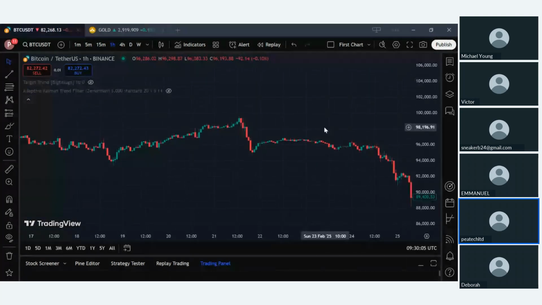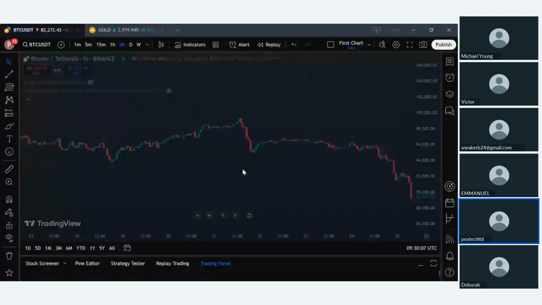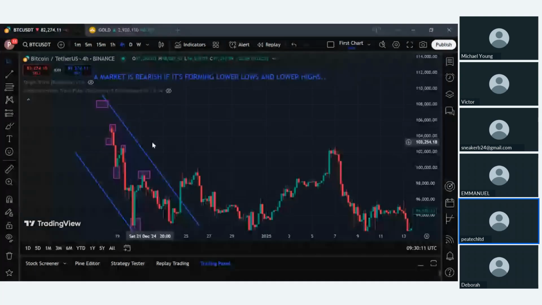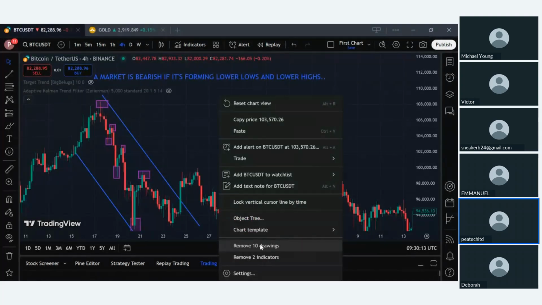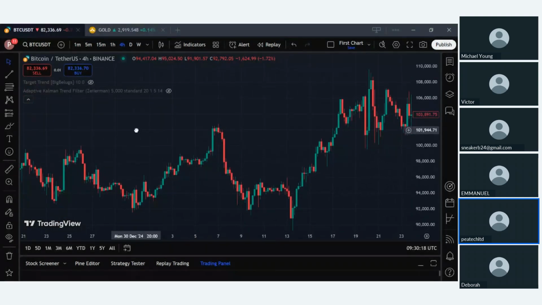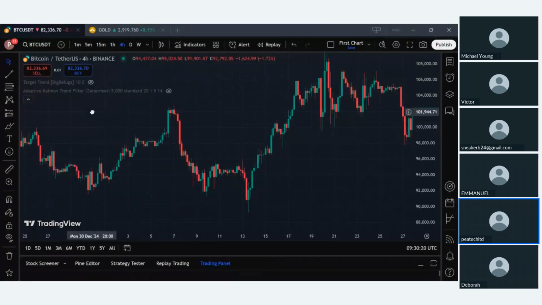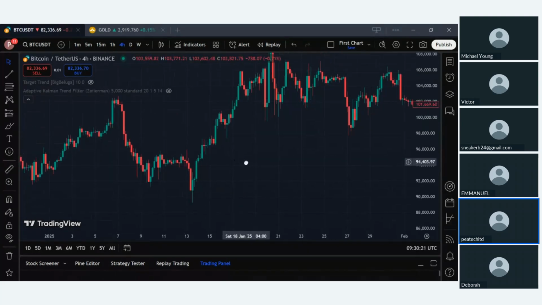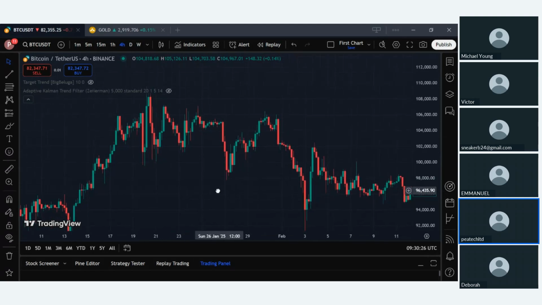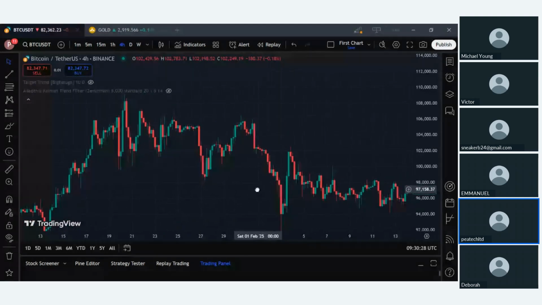This Bitcoin has been in a range for a very long time. Okay, this was our previous explanation. Let me delete it. Let's see. Impulsive move, impulsive move.